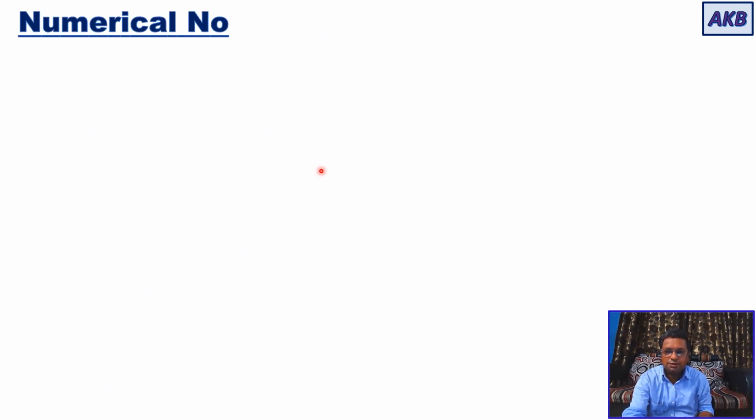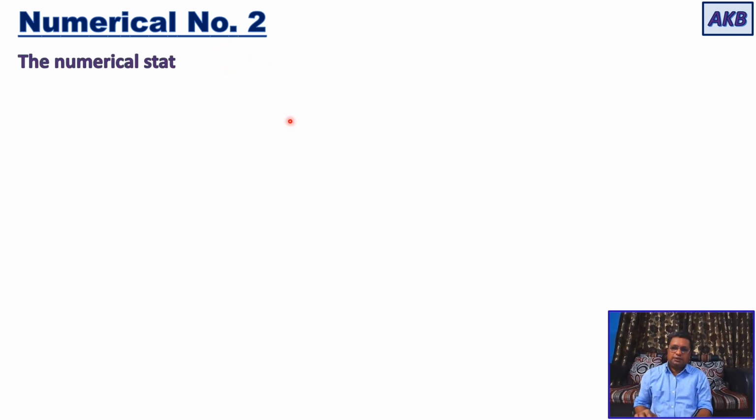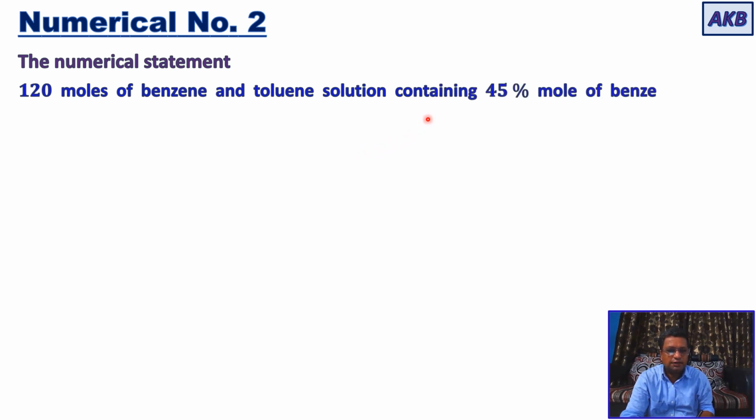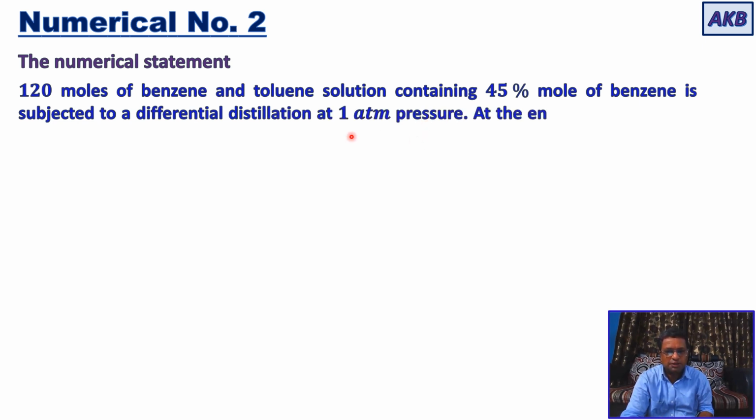So the numerical statement, now this is second, so I'm calling it numerical number 2. Now the statement goes like this: 120 moles of benzene and toluene solution containing 45 mole percent of benzene is subjected to a differential distillation at 1 atmosphere pressure.